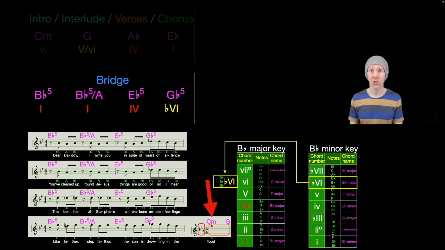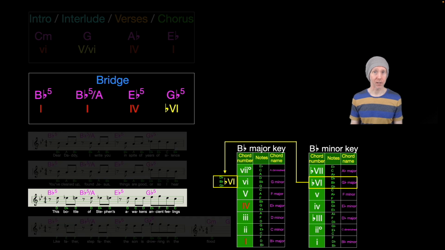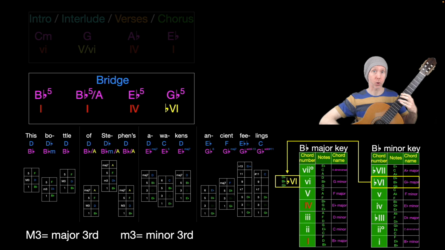Now, like the verse and chorus melodies, the bridge vocal melody also adds another level of richness to the overall harmony. As an example, let's zoom in on the line, "This bottle of Stevens awakens ancient feelings." So the guitar is playing power chords, which are made up of the first and fifth degrees.